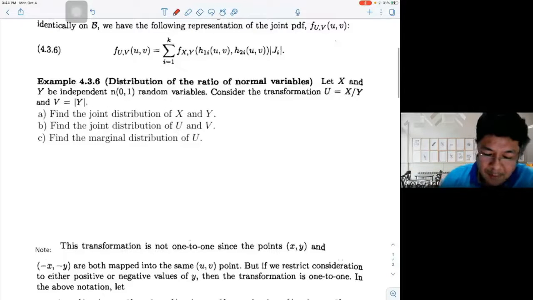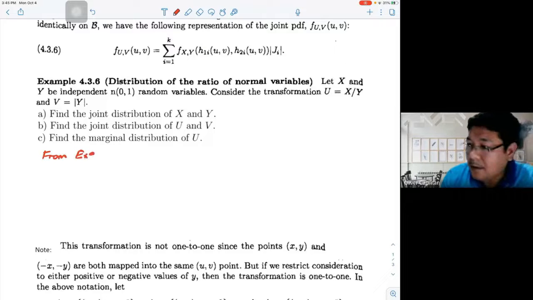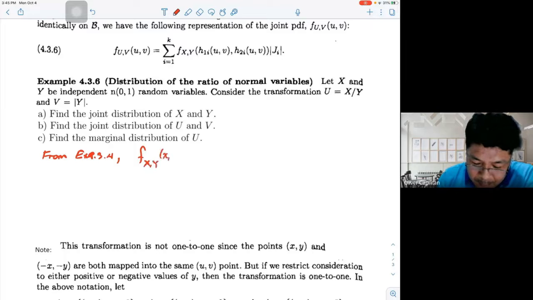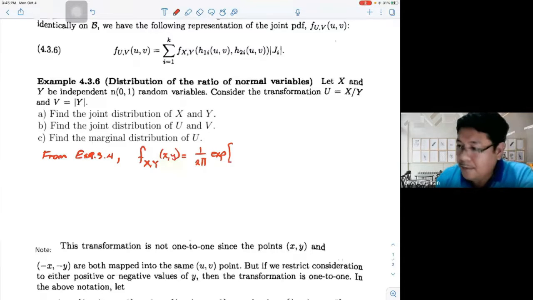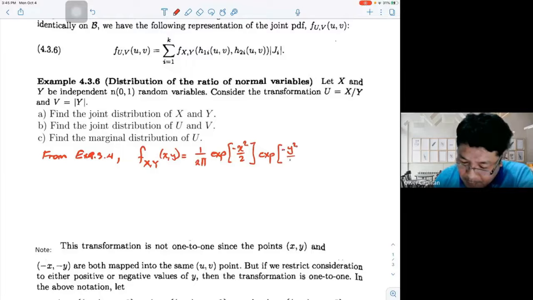Based on the previous example, example 4.3.4, we can find the joint distribution of x and y. The joint PDF of x and y would be equal to 1 over 2 pi, times the exponential function of negative x squared over 2, times the exponential function of negative y squared over 2.